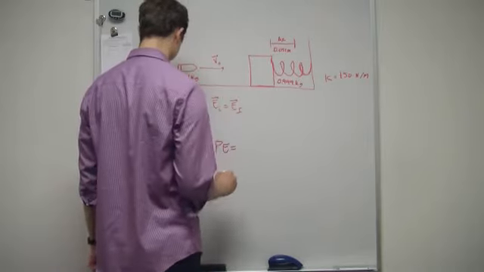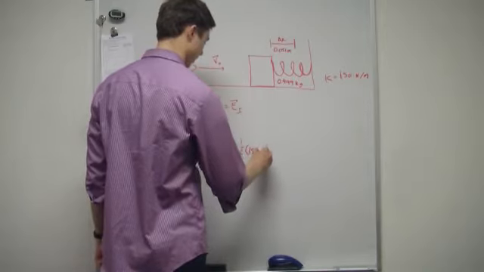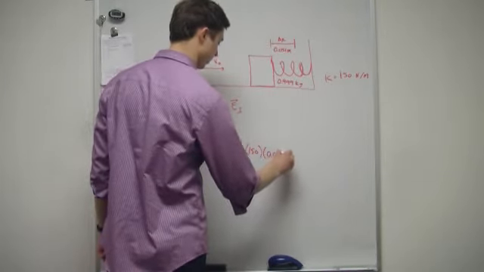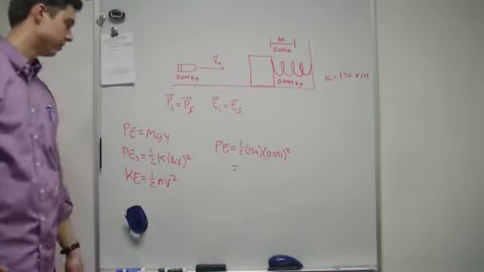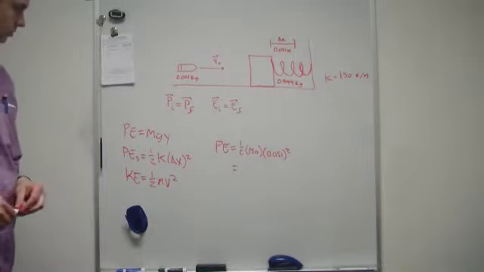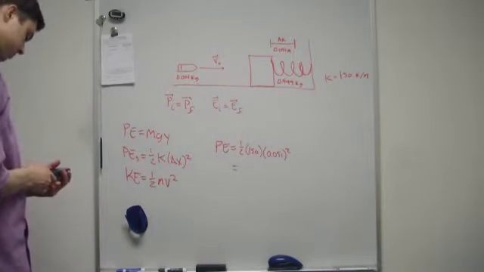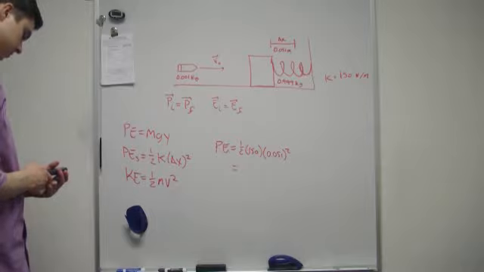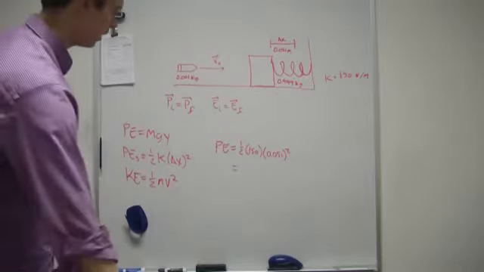So potential energy of this spring is 1/2 times 150 times the change in x squared. And like all energy, that's going to come out to be joules. So I got a pretty small number.